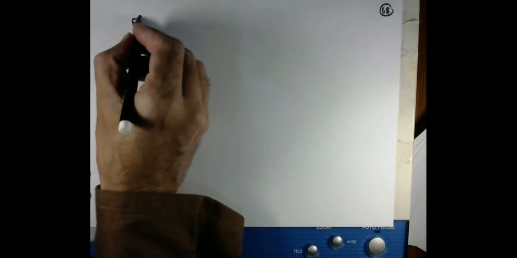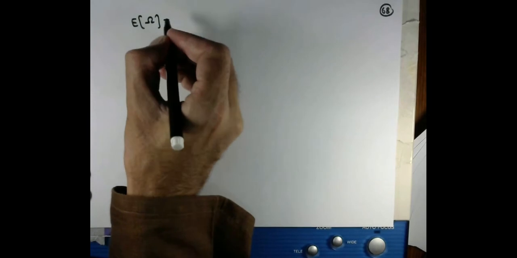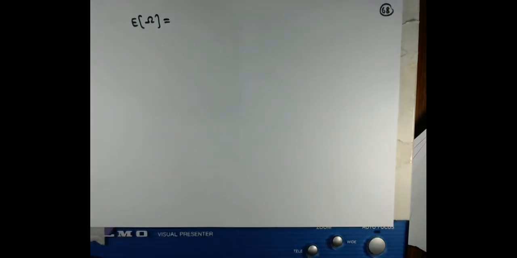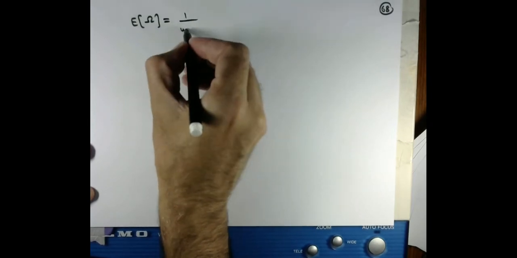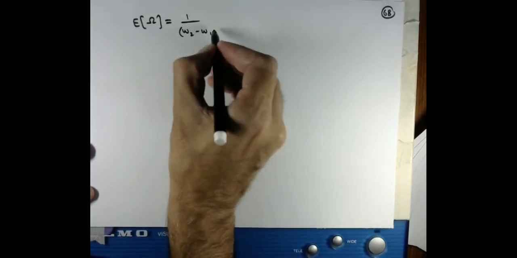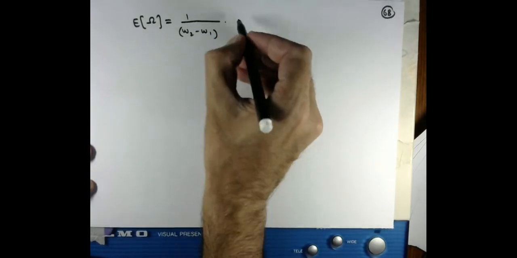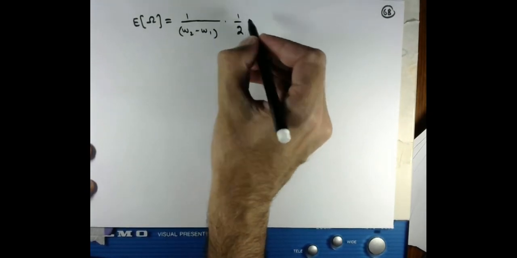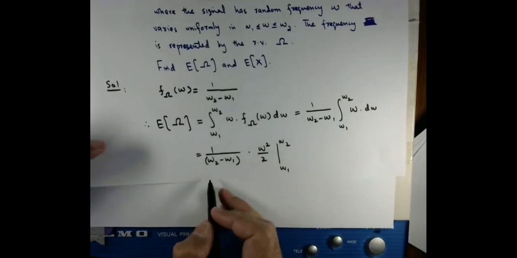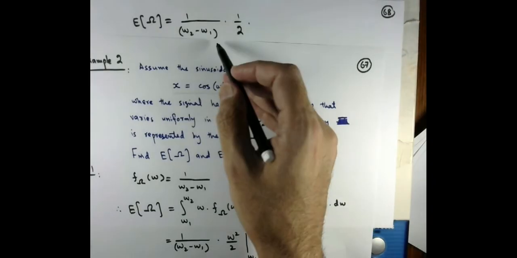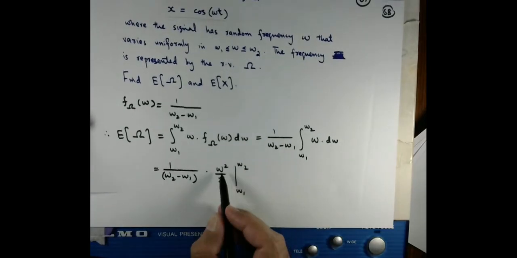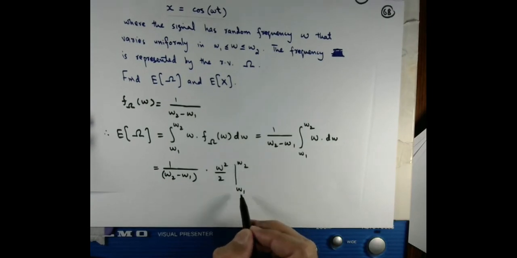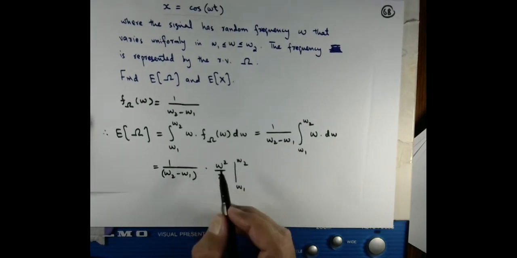The expected value of omega is equal to 1 over omega 2 minus omega 1 times 1 over 2 times, you simply substitute omega 2 and omega 1 for omega.